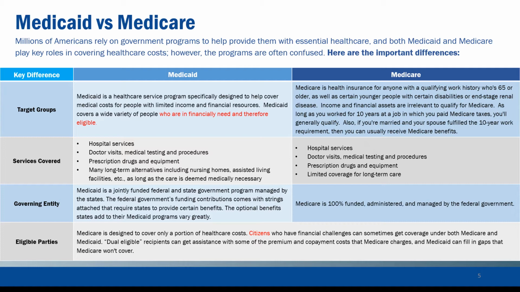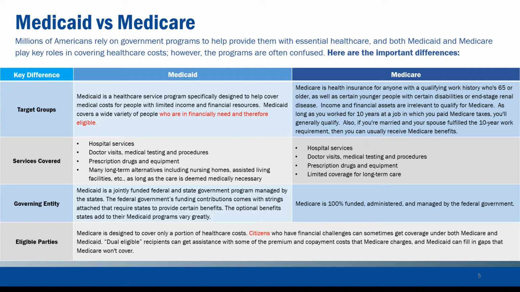Let's start with Medicaid. Medicaid is a healthcare service program specifically designed to help cover medical costs for people with limited income and financial resources. Medicaid covers a wide variety of people who are in financial need and therefore eligible.